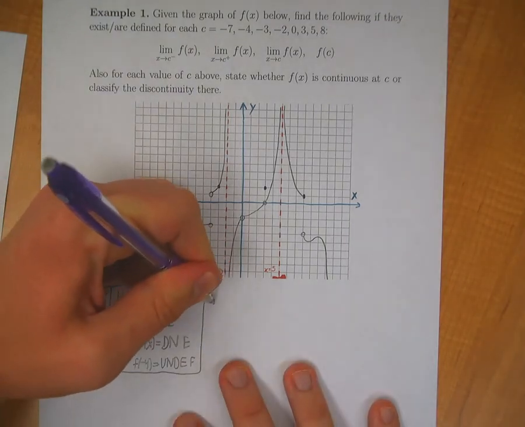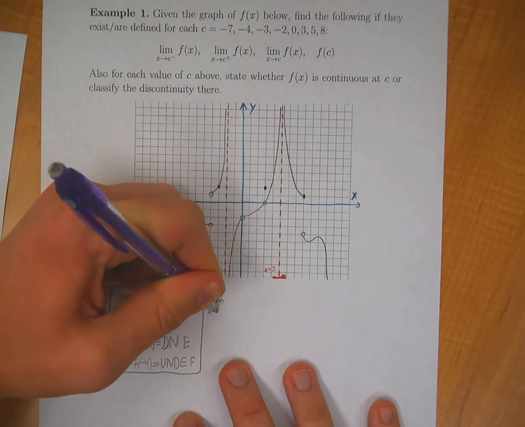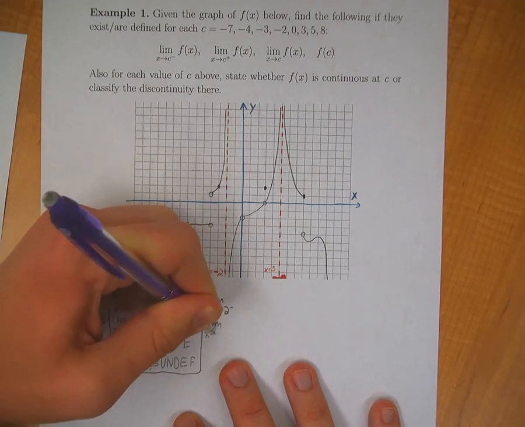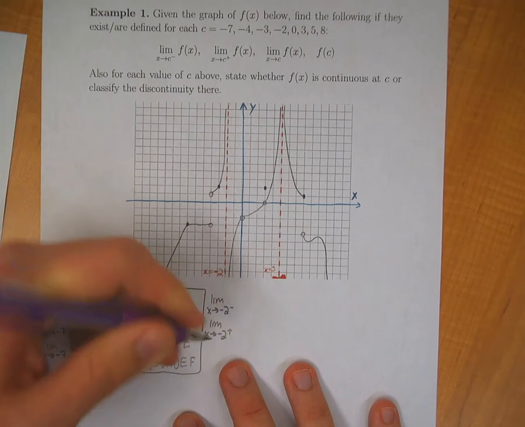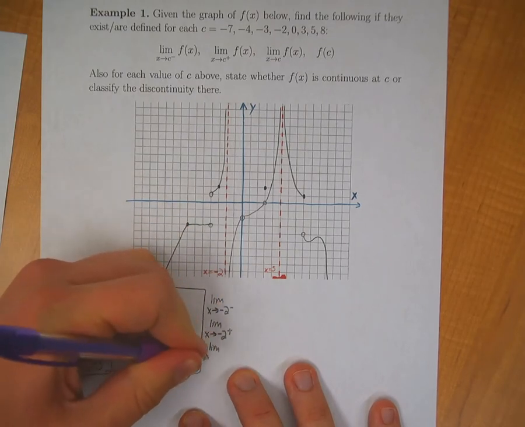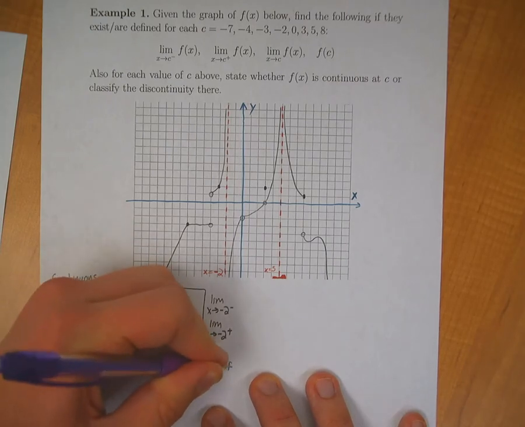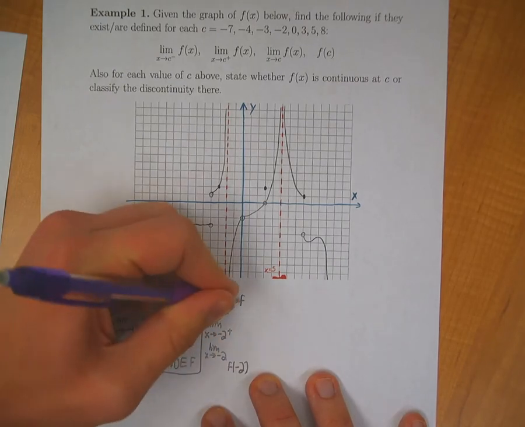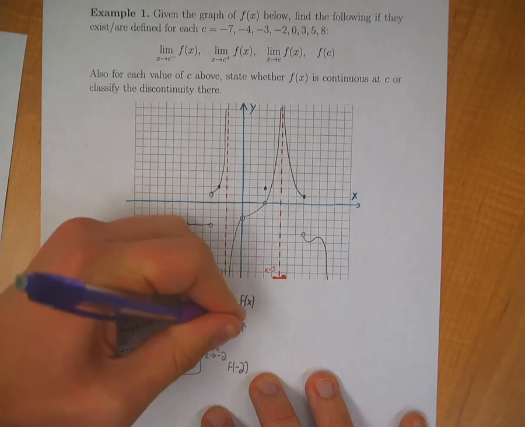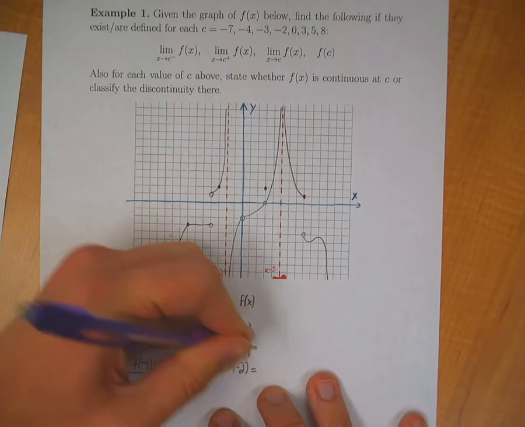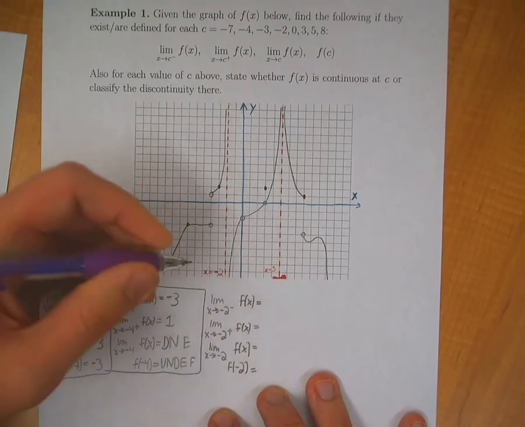So we have the limit as x approaches -2 from the left, limit as x approaches -2 from the right, limit as x approaches -2, and then f of -2. Okay?